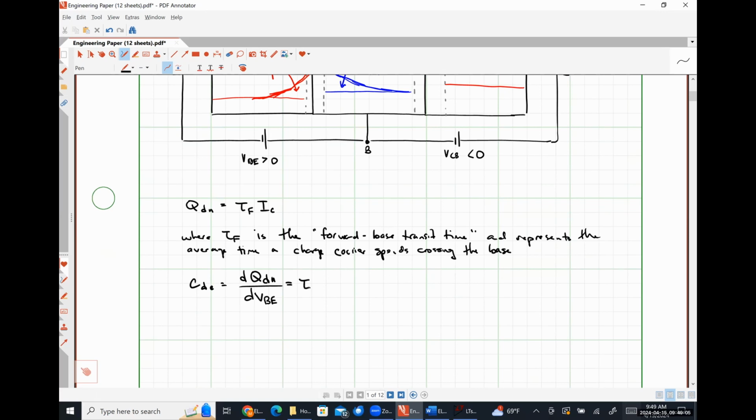Since our forward base transit time is a constant, this is simply the change in IC with respect to VBE. What's the change in IC with respect to VBE? Say it louder, please, Hannah. The transconductance, exactly. That is literally how transconductance is defined. So that's nothing more than tau F times GM, or tau F IC over VT.